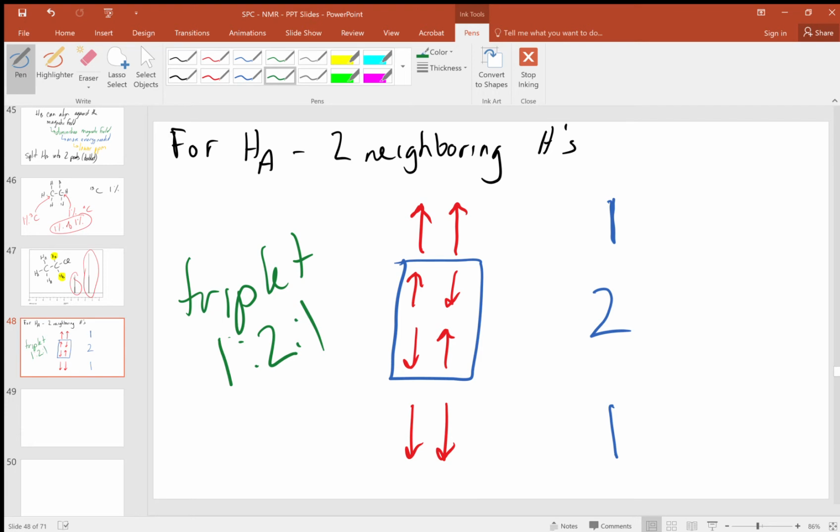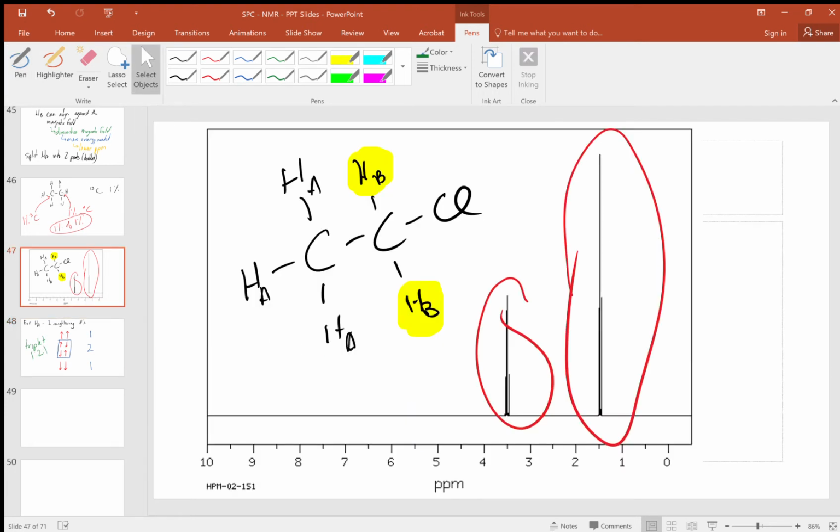Is that what we see in our spectrum? So again, we know that this is our HA, this is HB because of the electronegative chlorine, and you can see we have 3 peaks, 1, 2, 3, and they are in an approximately 1 to 2 to 1 ratio.